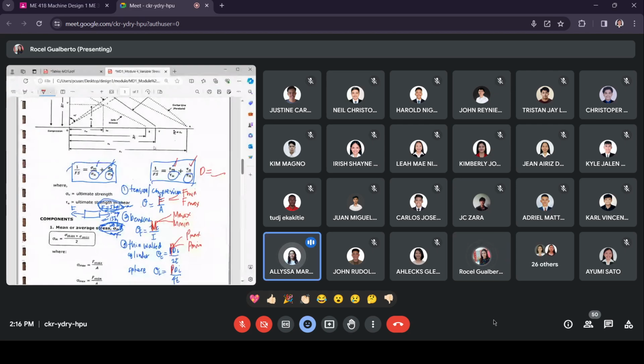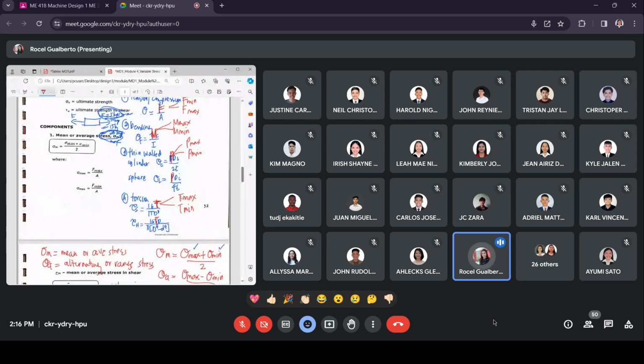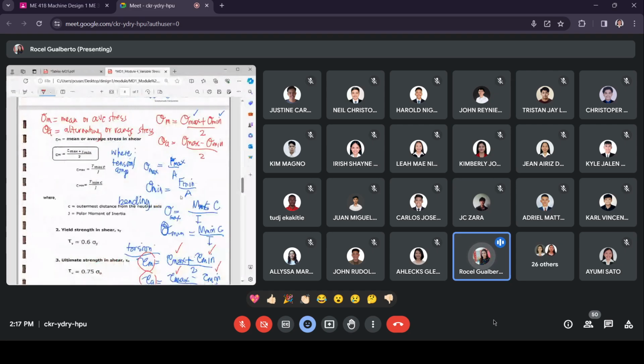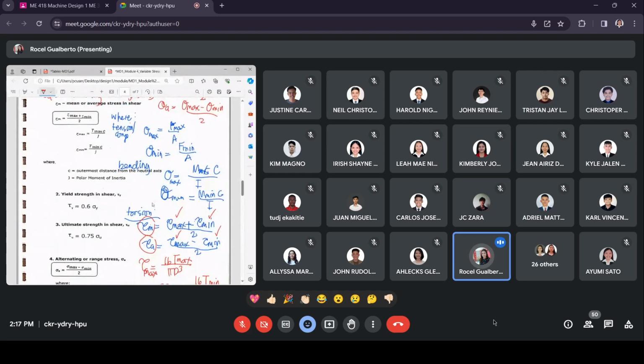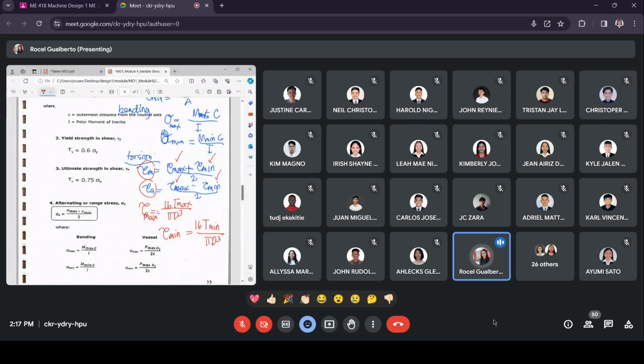Sa endurance po ba? Hindi po dun tayo sa endurance. Kasi kung tinignan nyo po kanina, yung sa equation po ng endurance, it does not involve any dimension. Alin po yung nag-involve ng dimension? Yung area, yung mga diameter, okay? It would be your sigma A, sigma M, tau A. Katulad po nito, this is our sample.